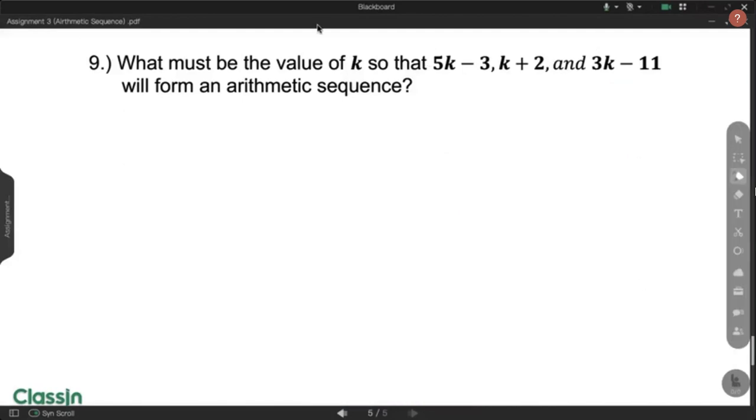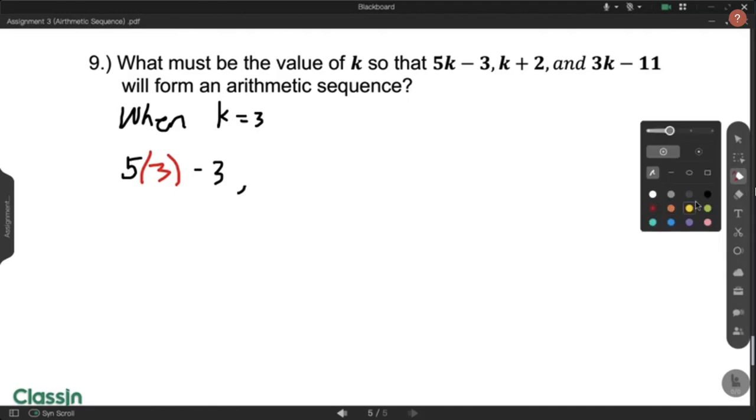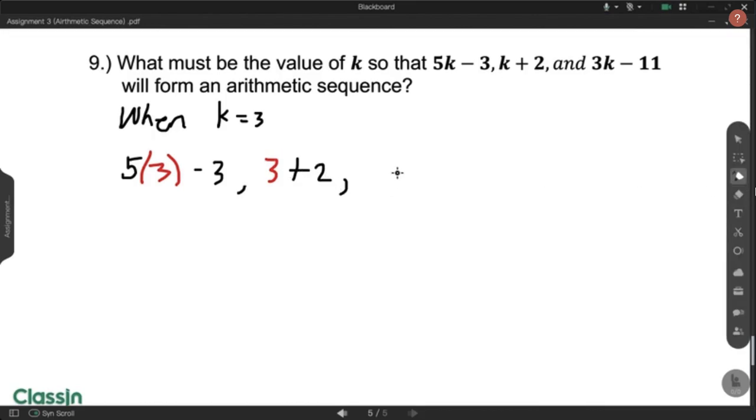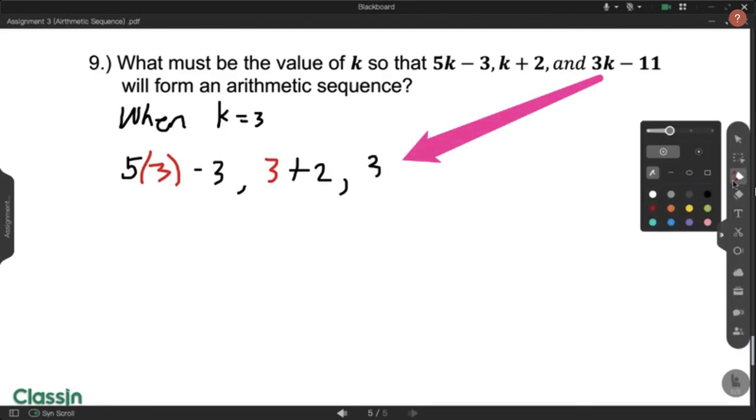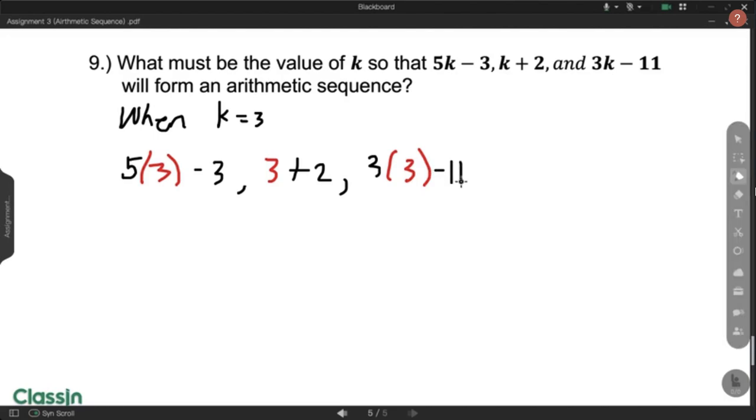Let's erase everything. And let's write when k is equal to 3, we have 5 times 3 minus 3, 3 plus 2, and 3 times 3 minus 11. 5 times 3 is 15 minus 3, it's 12. 3 plus 2, it's 5. 3 times 3 is 9 minus 11, negative 2.